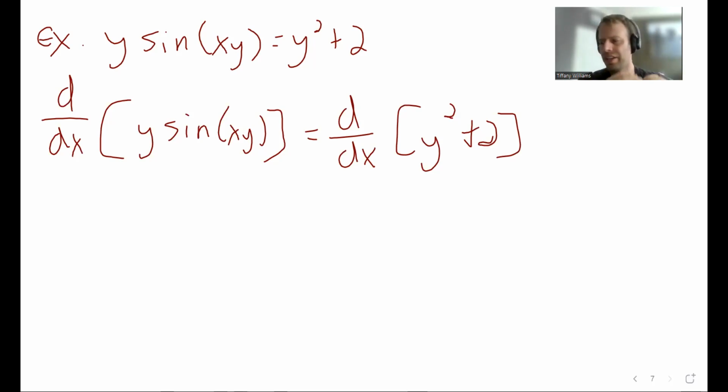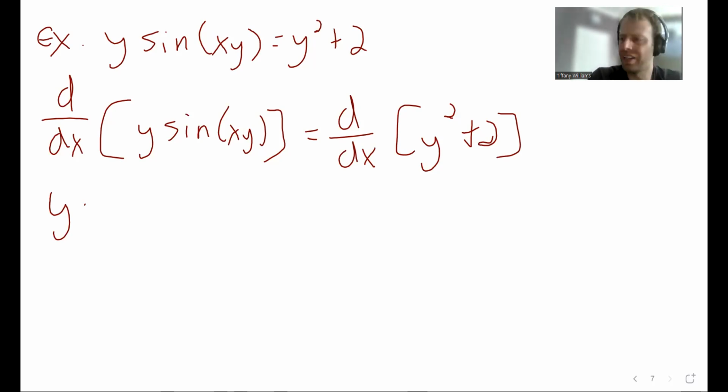So now on this left side of the equation, you have y times sine of xy. So again, you've got two different functions being multiplied, so you have to use product rule. So let's consider y as our first piece, sine of xy as our second piece. So it's going to be the first times the derivative of sine of xy. Okay, I got this.